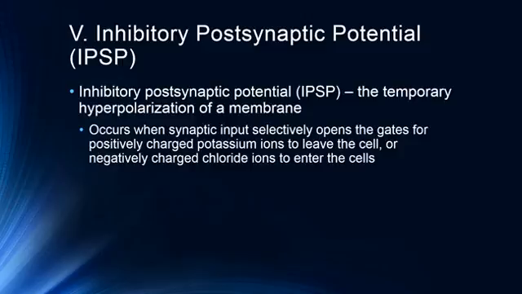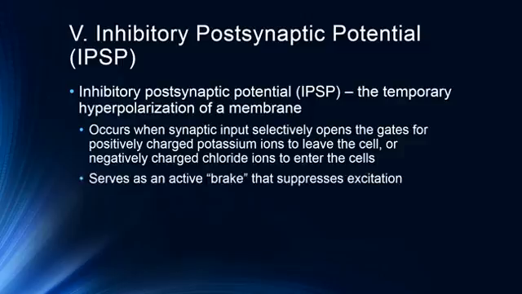This occurs when synaptic input selectively opens the gate for positively charged potassium ions to leave the cell, or negatively charged chloride ions to enter the cell, thus generating an inhibitory potential by hyperpolarizing the cell membrane. So this serves as an active brake that can suppress excitation. It's also the way in which a number of drugs can influence our behavior by causing IPSPs.